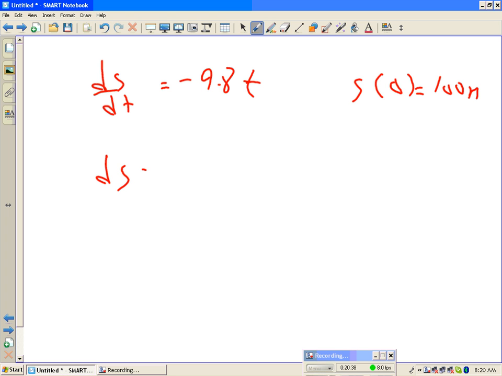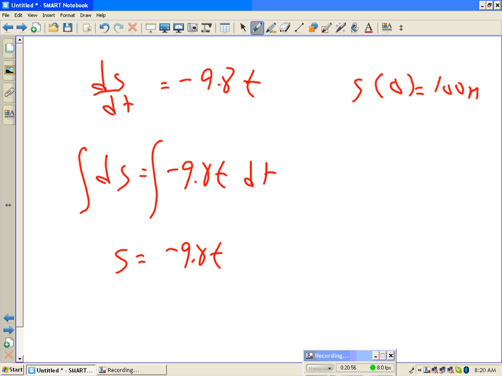Separate. ds equals negative 9.8 t dt. So when you anti-differentiate, you get s equals negative 9.8 t squared over 2 plus a constant. And by the way, half of 9.8 is 4.9, isn't it? So might as well write that. s is negative 4.9 t squared plus a constant. That's a t. Yeah, it's still a t.